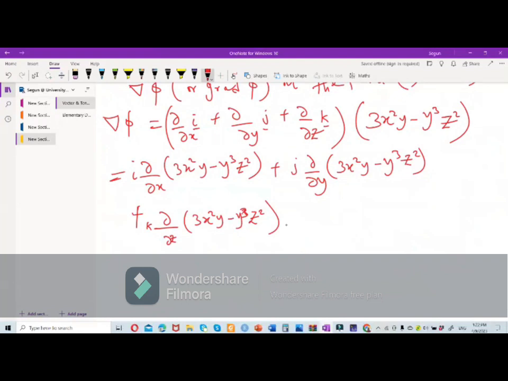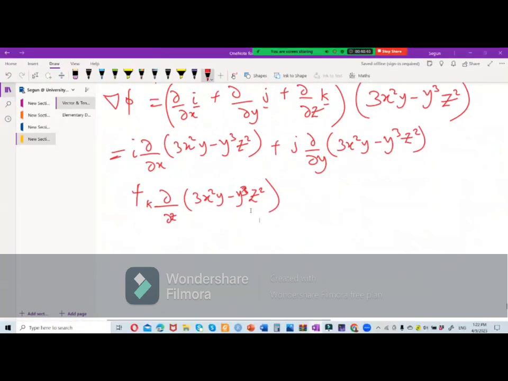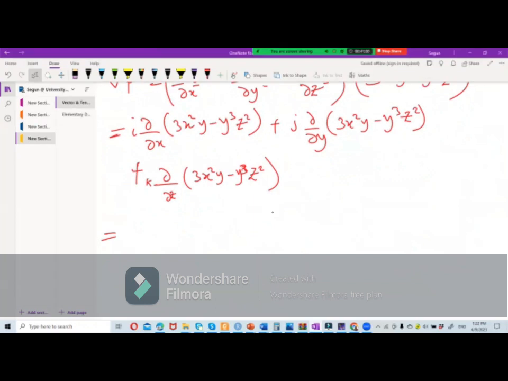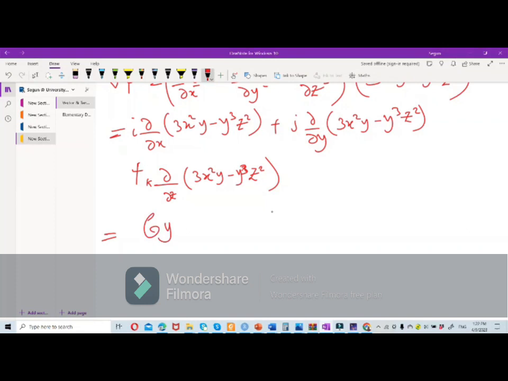So how do we solve this one? We can easily solve this by differentiating. The first one is we differentiate with respect to x. That is the first thing, because they said d dx. So the d dx of this one gives you 6xy. Let's start with x.